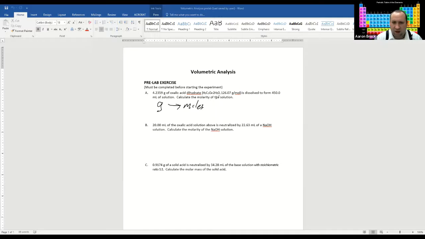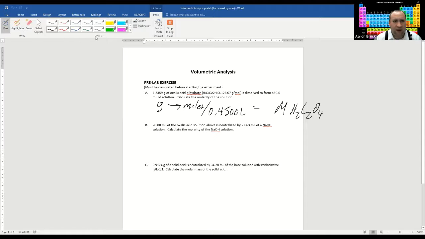And then we're going to take that number of moles and divide it by the volume, which in this case would be 0.4500 liters. And that'll give us the molarity of the oxalic acid. So that part, not too bad. We can work with that, right? The second part is a little bit different, but not too bad.